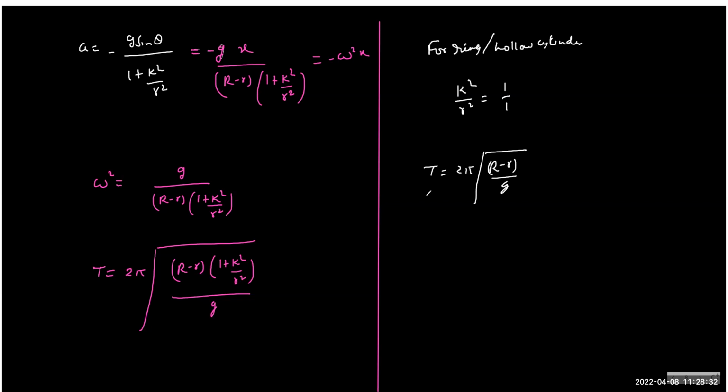So that's the ring. You can do it for a disk. For a disk, it will be how much? 3 by 2. So you can keep on doing it for other shapes also.